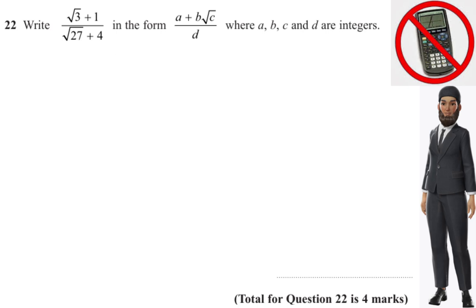First and foremost, let's rewrite that denominator, root 27, as a square number that can be placed into 27, which will be 9 times 3. So that's the same as root 27, then add 4.